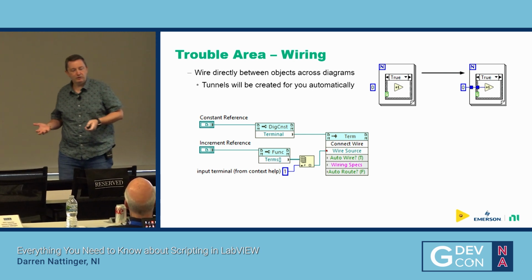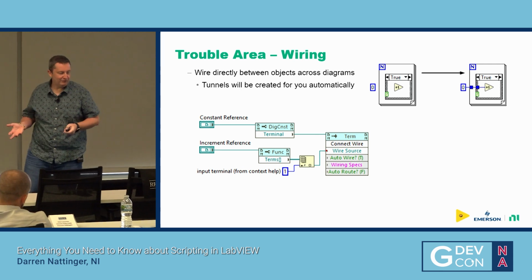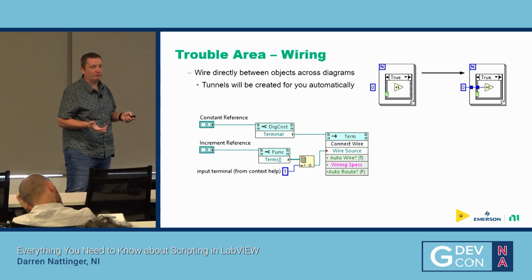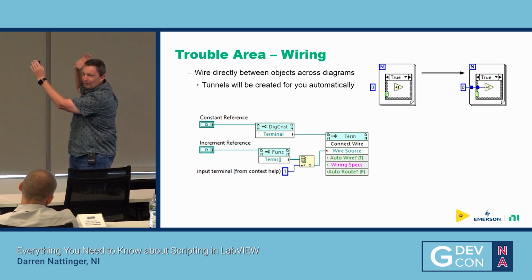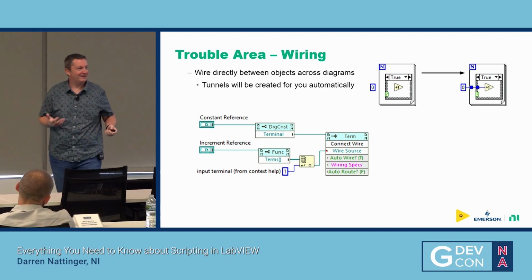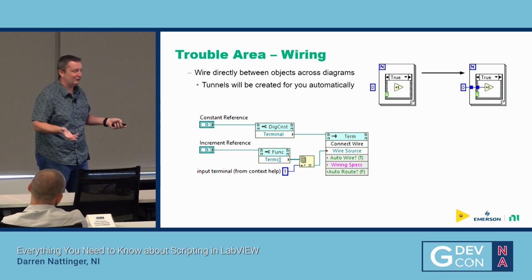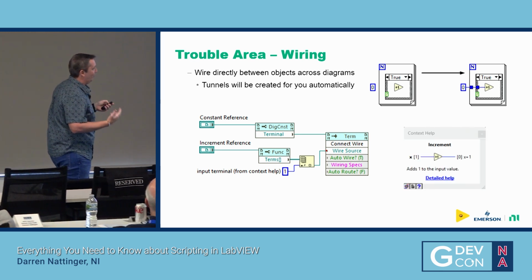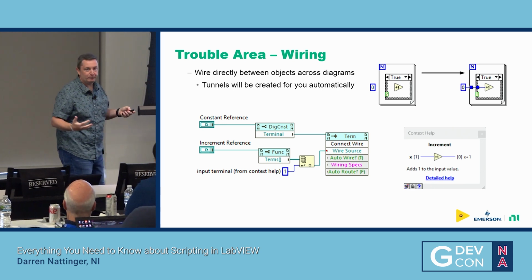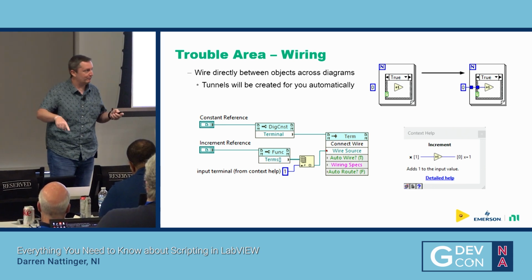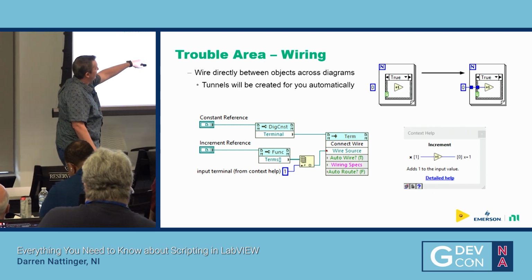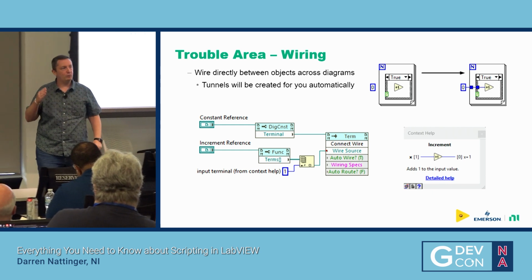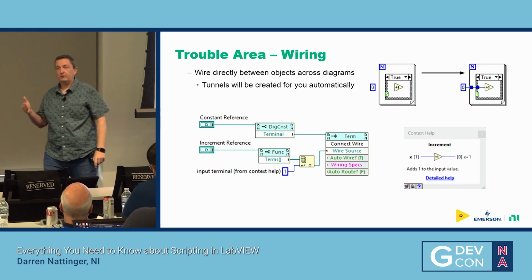Now, how did I know to wire a 1 to the list of terminals for the increment function? It seems like the one on the left should be terminal 0 and the one on the right should be terminal 1, right? Isn't that instinctively what you would assume? Well, your instincts are wrong. Because one of the things you get whenever you turn on scripting in LabVIEW, when you go to Tools Options, like I talked about 300 slides ago, is you get the little indices in the context help window that show you which index in the terminal array different terminals are.